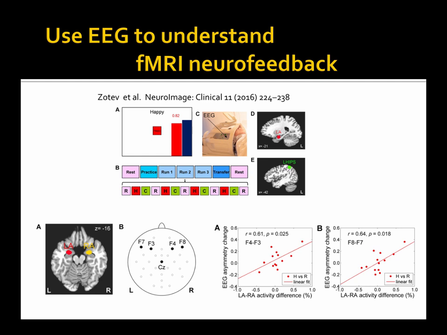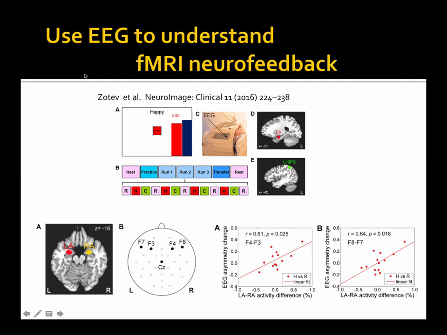Another way that we can use fMRI and neurofeedback is to use the EEG to understand the signal. We know, and it's very easy to localize and extract a value, but we don't know the neural activation.